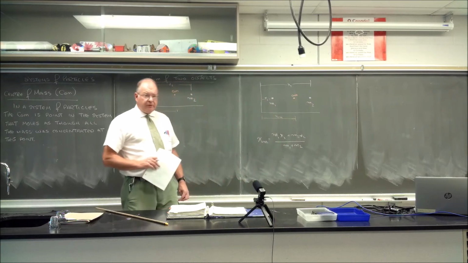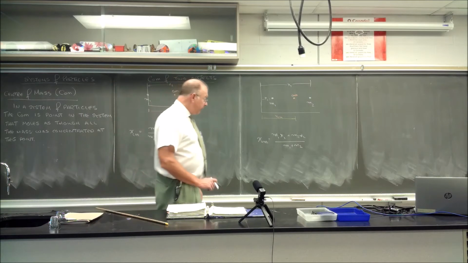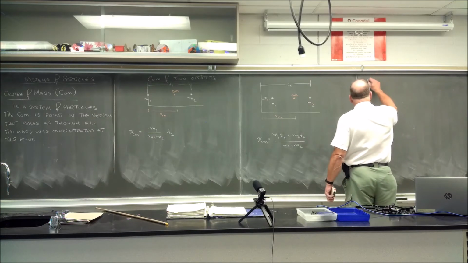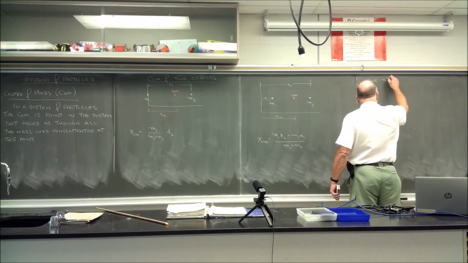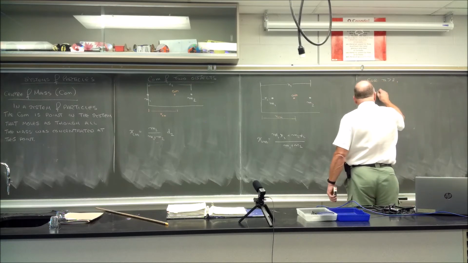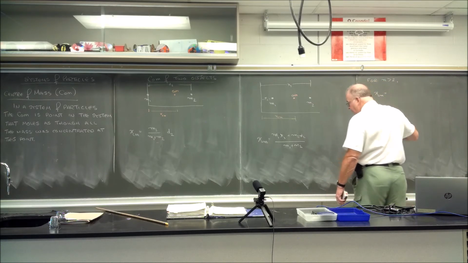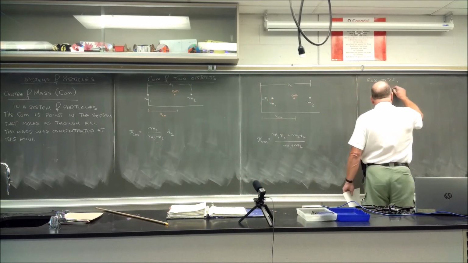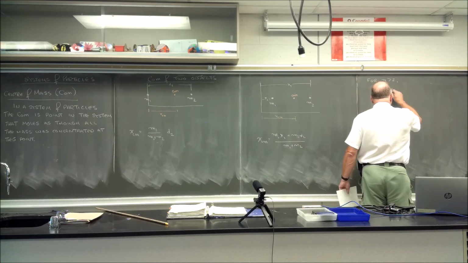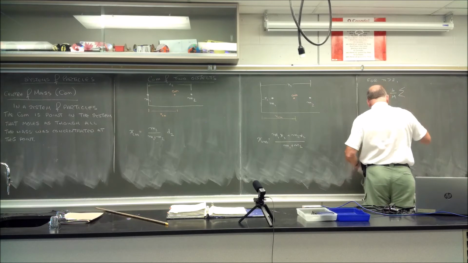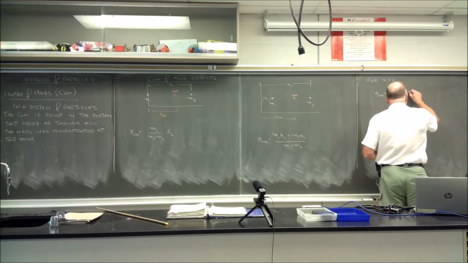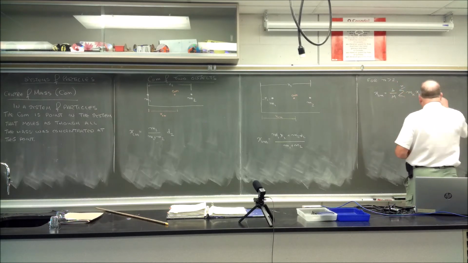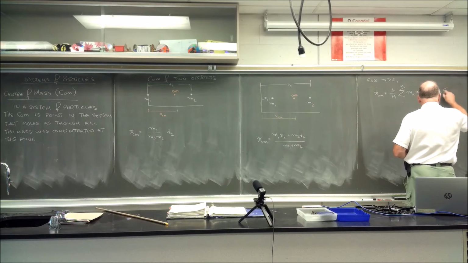Now the nice part with this is that you can extend this for large systems of numbers, and we could also make it a vector situation as well. So first we could say for n greater than 2, we have xcm is equal to 1 over the capital M times the sum of mkxk over n, and M is the sum of all the masses.